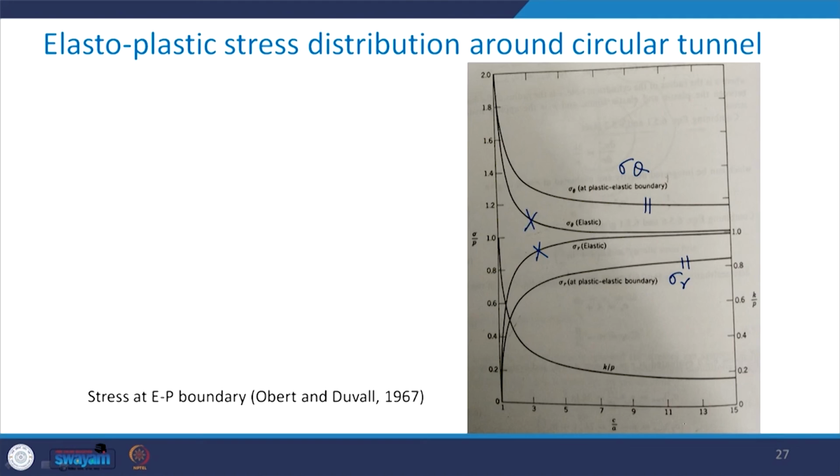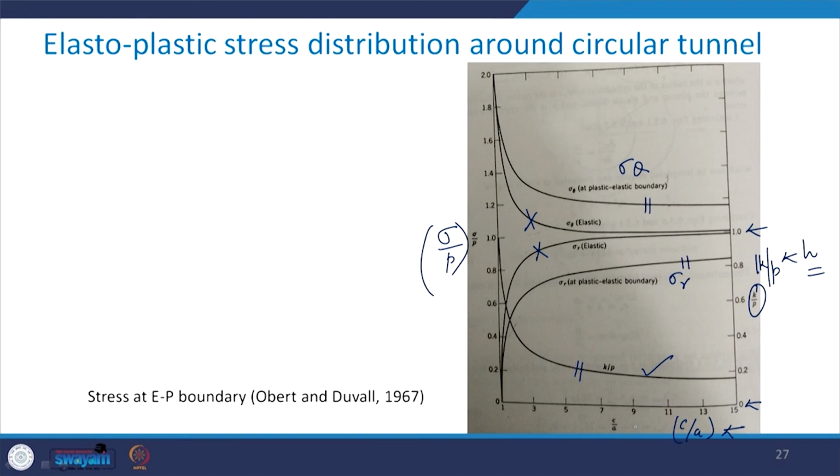Here on the x axis you have C upon A, and on the y axis you have the stress concentration factor as sigma upon P. One curve has also been shown for the variation of kappa upon P, that is, this is h. It will vary from 0 to 1, and its variation has been shown with respect to C by A in this plot.